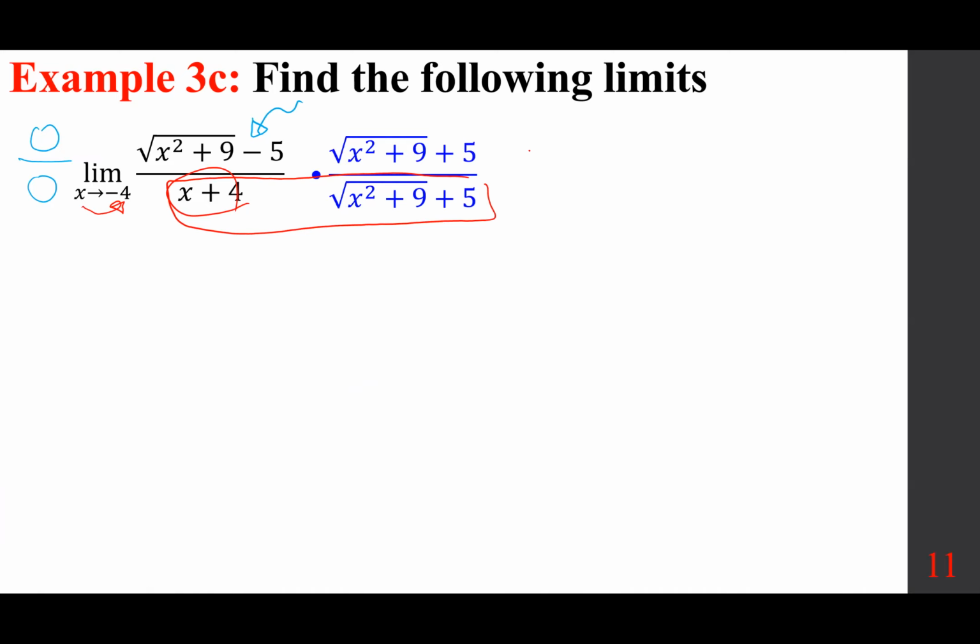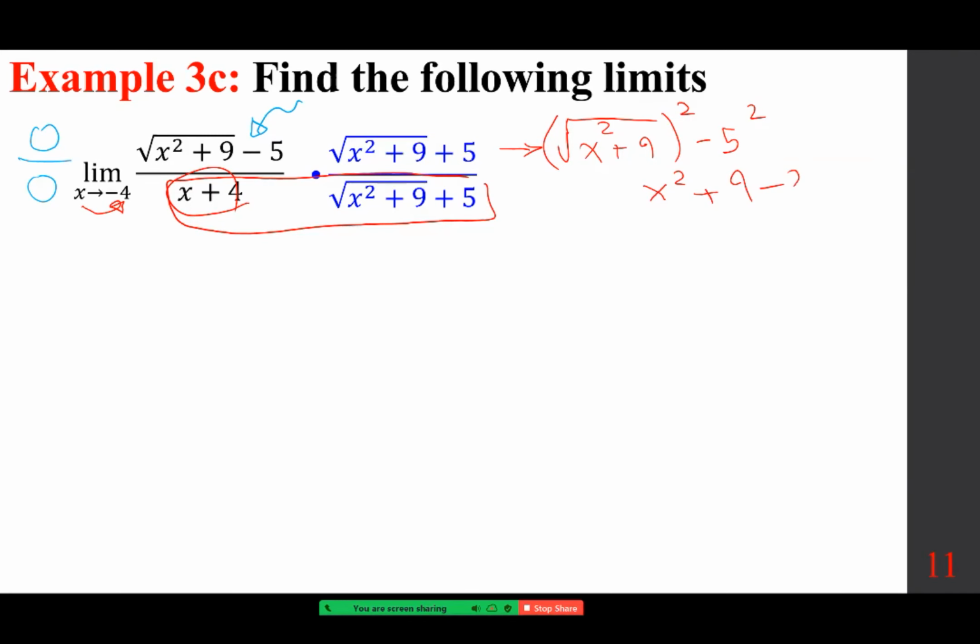So the top becomes square root of x squared plus 9 squared minus 5 squared, which is x squared plus 9 minus 25, which is x squared minus 16.